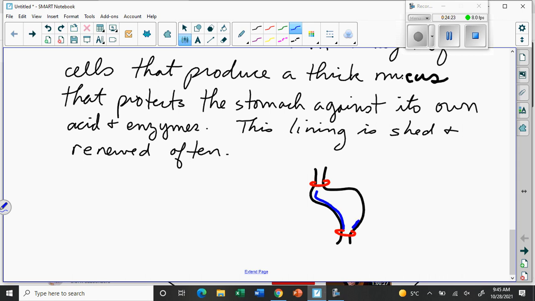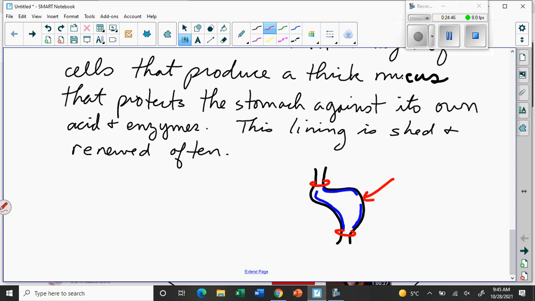But sometimes you can develop a spot where the mucus gets thin or is not produced at all. And this can be for various reasons. The most common cause we've discovered now is bacterial infections in the stomach that can cause the mucus. So you see the spot right here, right, where the mucus is thin.